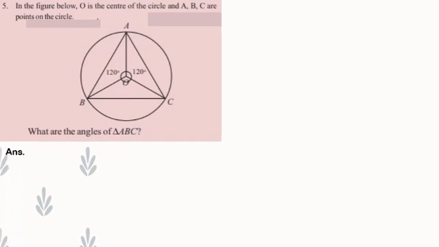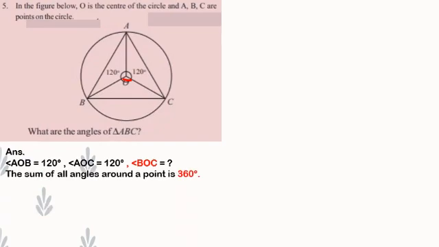In the figure we know angle AOB equals 120 degrees, angle AOC equals 120 degrees, and angle BOC is unknown. Let us find it. You know the sum of all angles around a point is 360 degrees.